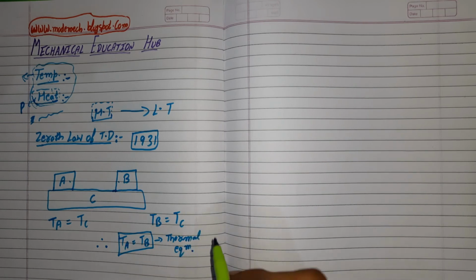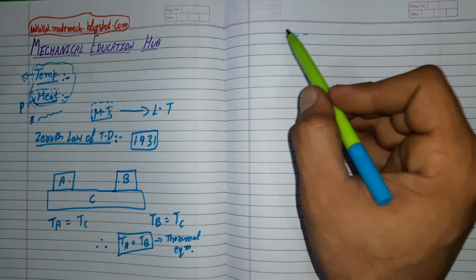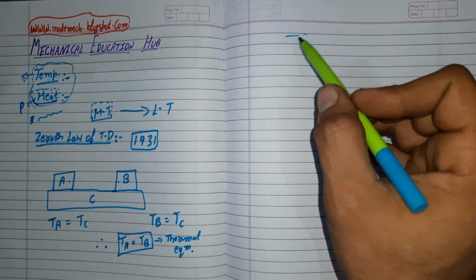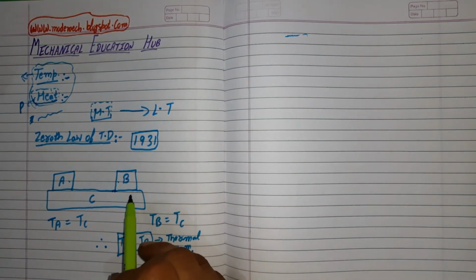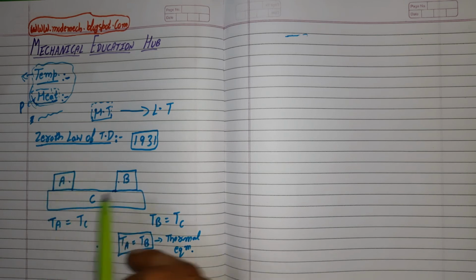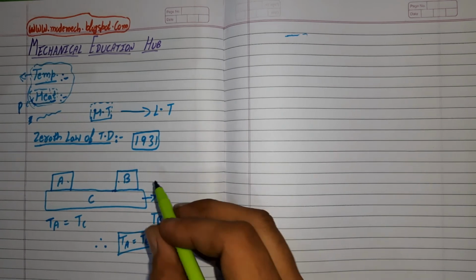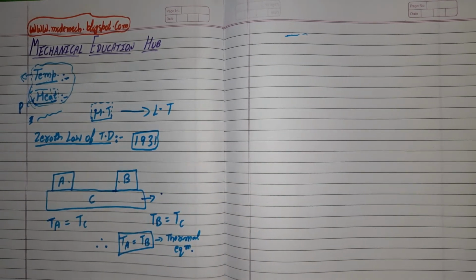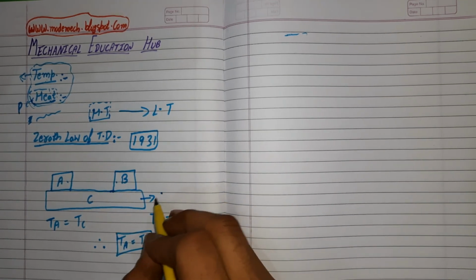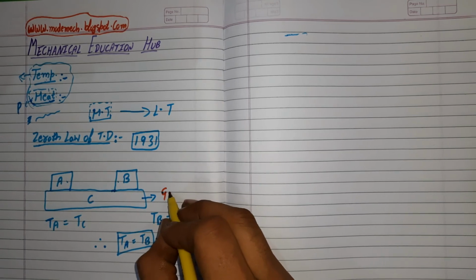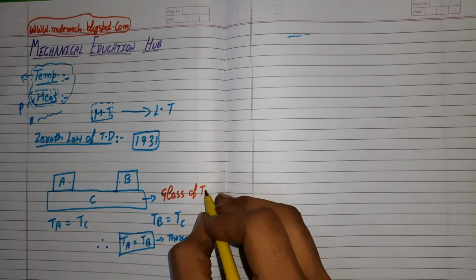This Zeroth law of thermodynamics is used in measuring the temperature of our body. For a detailed understanding, let's understand this structure. Consider this body C to be the glass of a thermometer.